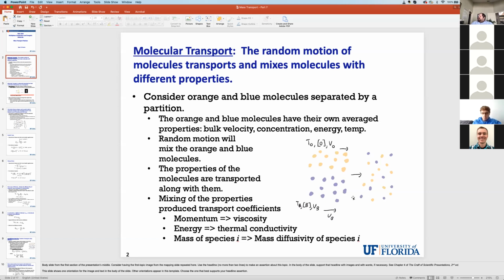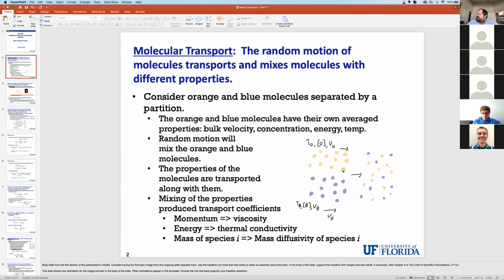So these molecules can all have these different quantities. But at the molecular level, these molecules are statistically never stationary. They are always fluctuating about randomly.